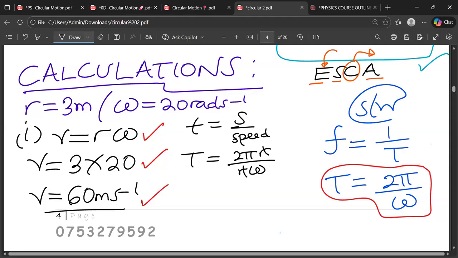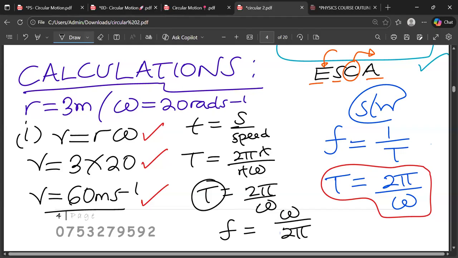You get the point? Then we said our T is 2 pi over what? Omega. That was for periodic time. So since frequency is 1 over period, our f would be what? The omega over 2 pi.